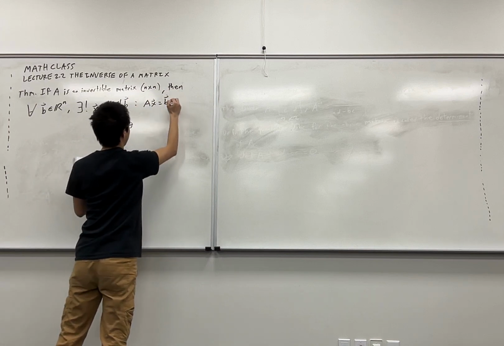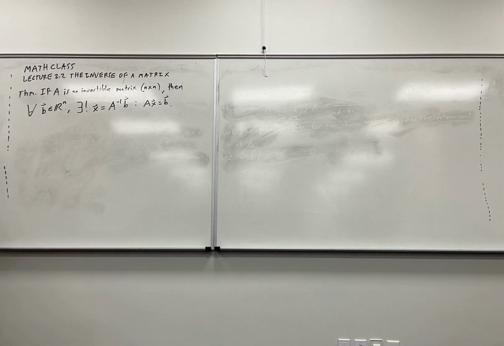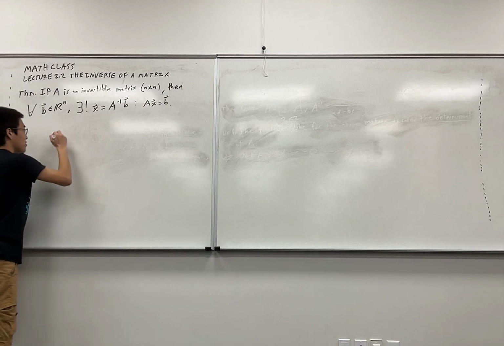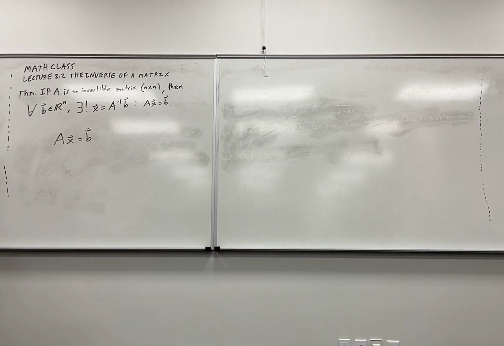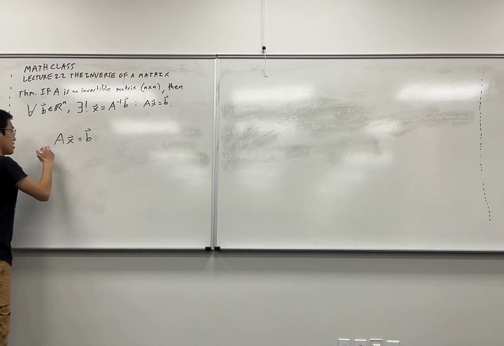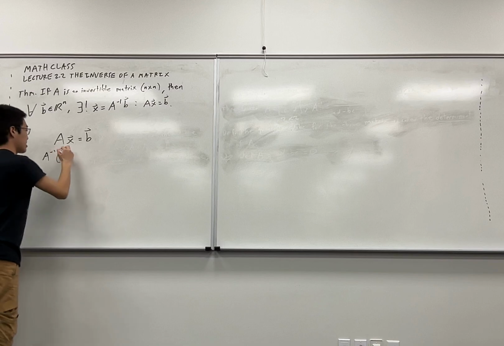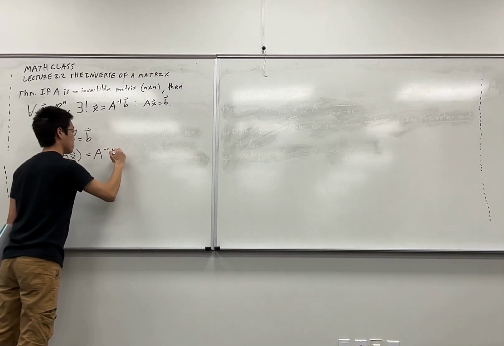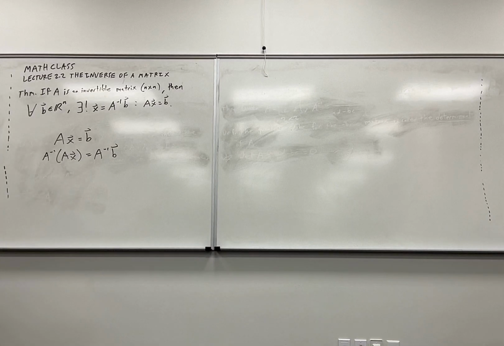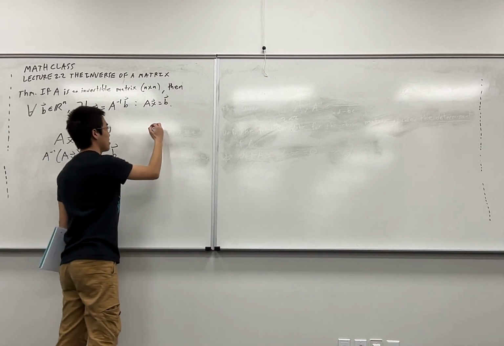What is all this jargon saying? Okay, what this is saying is, suppose you started with this matrix equation. Then if I am guaranteed that there is an inverse, essentially A is invertible, that means there's going to exist its own inverse. So I can take the inverse of both sides. And if I'm able to take the inverse of both sides, this is very, very analogous to solving a linear equation.